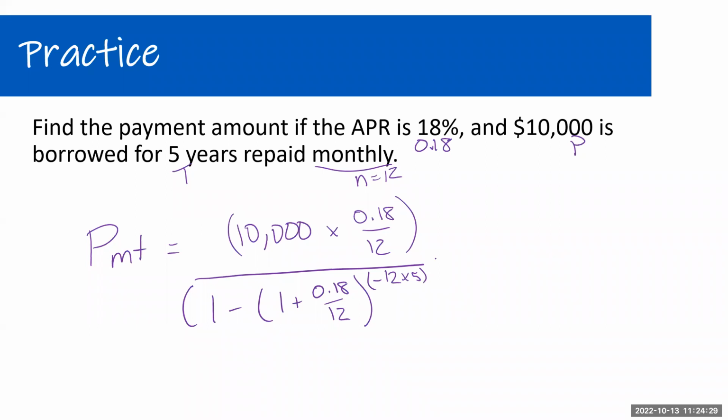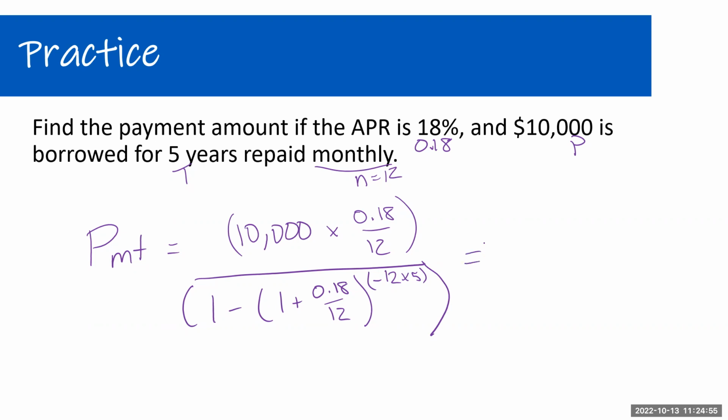Now be very careful. This formula trips a lot of people up, okay? I would certainly use MathPrint in your calculator. And I would certainly do a practicality check when you're done. Does that make sense? If you get an answer that you're going to be paying $120,000 a month, you might want to check and make sure that you didn't miss a decimal somewhere or mess up parentheses or something like that.